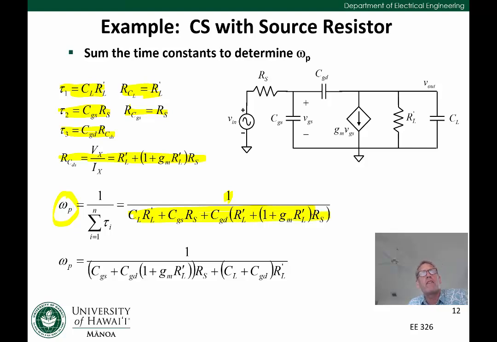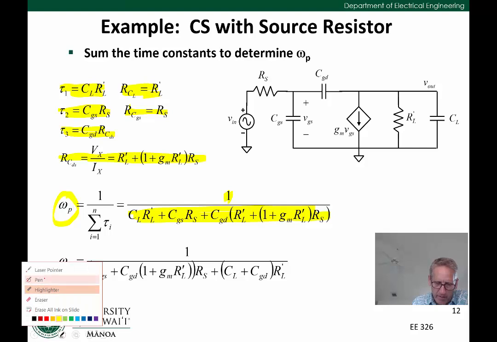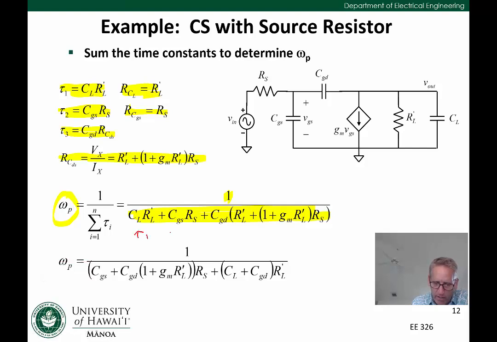And now if we simplify this a little bit and rearrange terms, we get to the last equation on this slide. And so let me just be clear here. This is tau 1, this is tau 2, and this is tau 3. Now, if we look at this last equation, it's interesting.